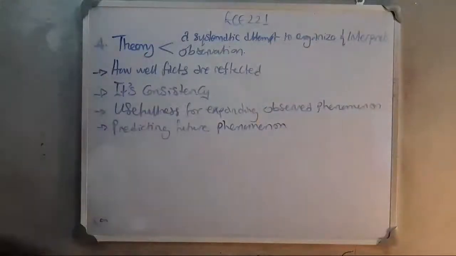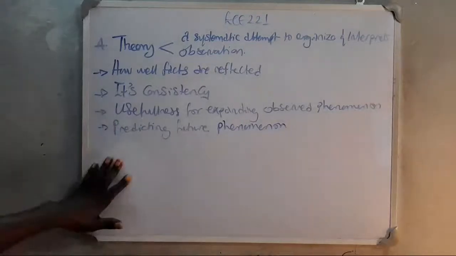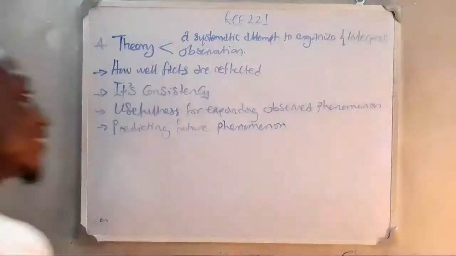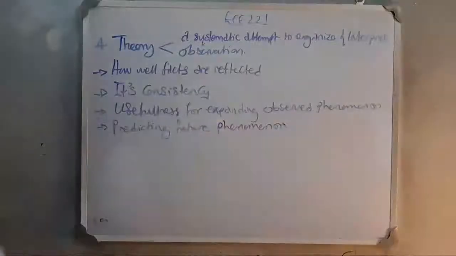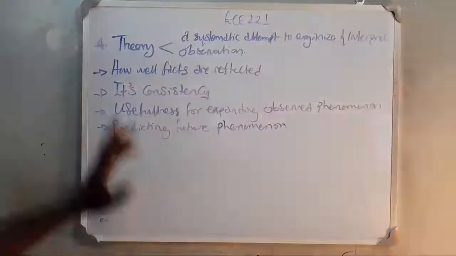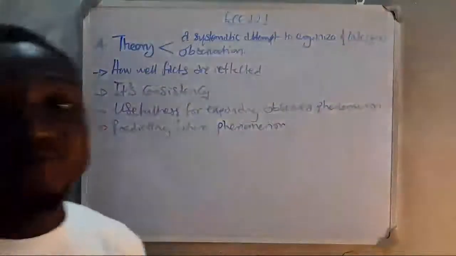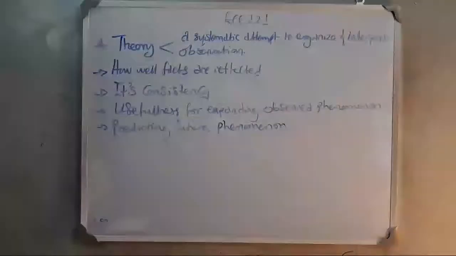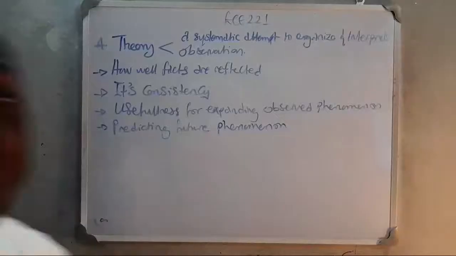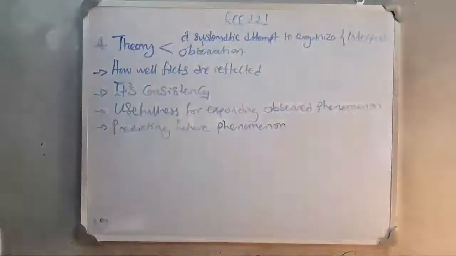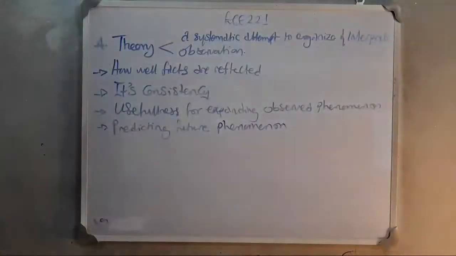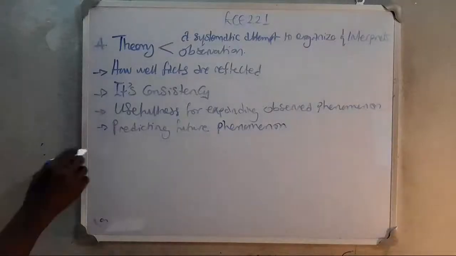So it's not about how accurate or how truthful it is, but about how well facts are reflected, how consistent the theory is, how useful it is for explaining observed phenomenon, and how effective it is at predicting future phenomenon.